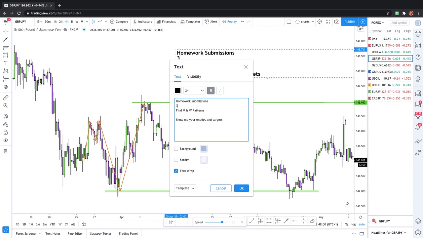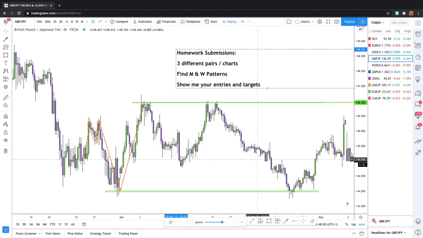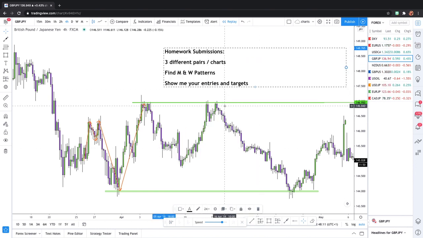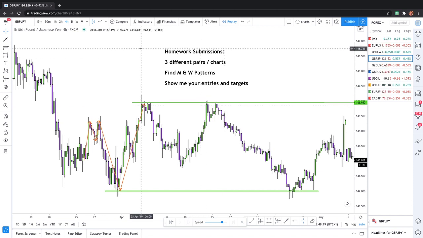So we'll do 3 different pairs / charts. Okay, so send me your homework on Slack and send them individually. So when you're screenshotting your stuff, send it to me in individual files. That way I can reply to it easily. And yeah.